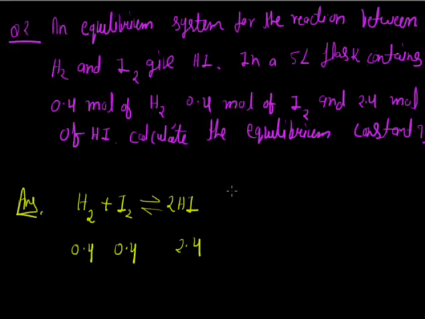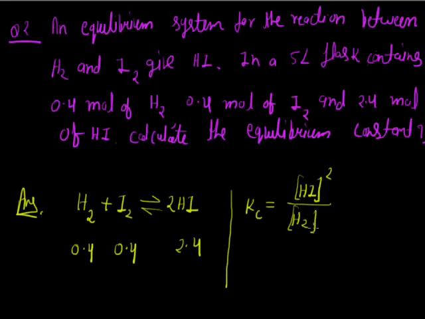Now applying the equilibrium constant for this reaction, Kc equals, with the stoichiometric coefficient written in the power form, HI square upon H2 into I2. Now putting the values: the concentration should be taken in moles per liter. These 2.4 represent moles and the volume given is 5 liter.